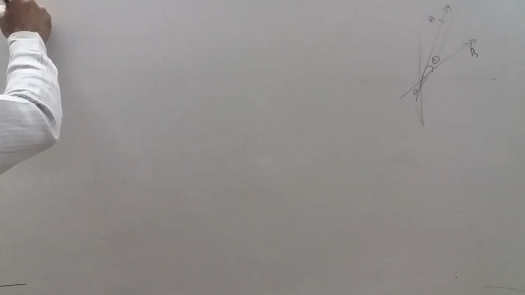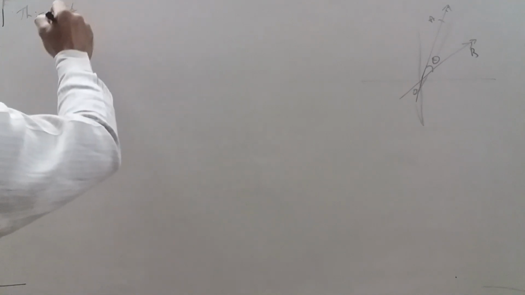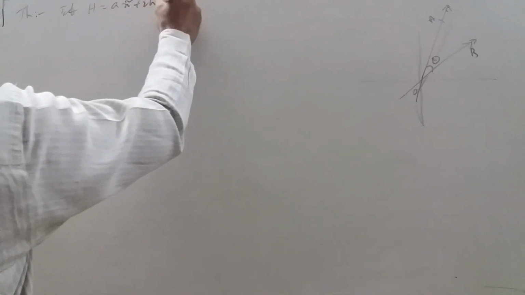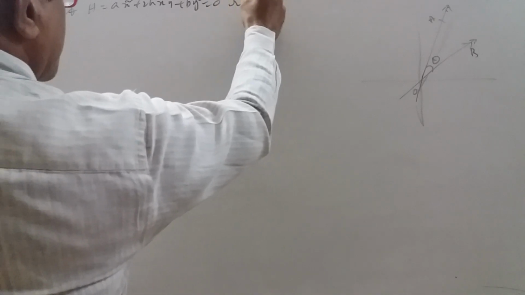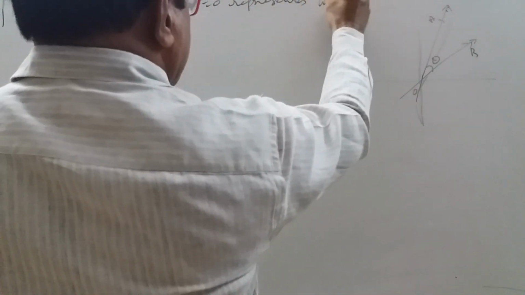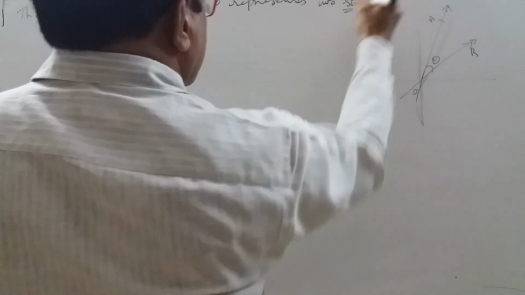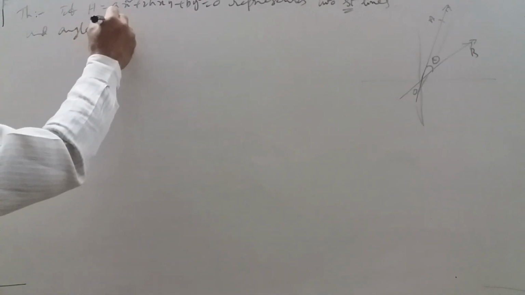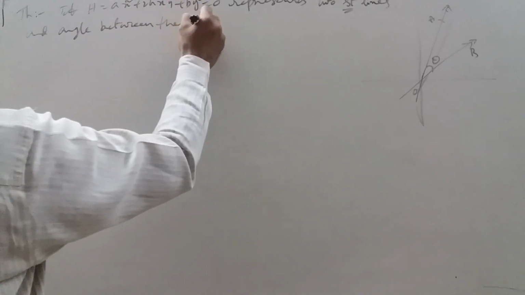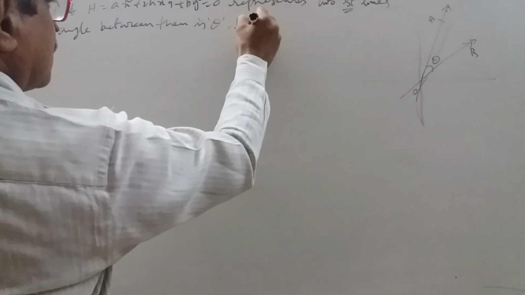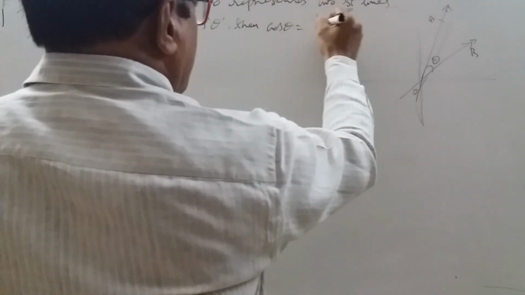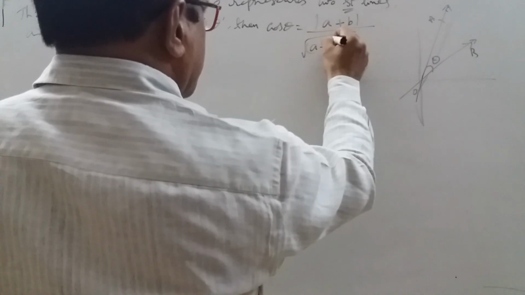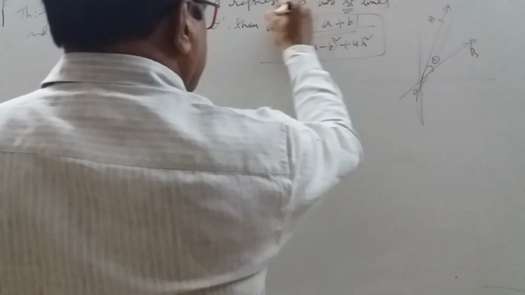That means we have to write: if ax square plus 2hxy plus by square is equal to 0 represents two straight lines and the angle between them is theta, then cos theta is equal to mod of a plus b by root of (a minus b) whole square plus 4h square. This is the relation we have to prove.